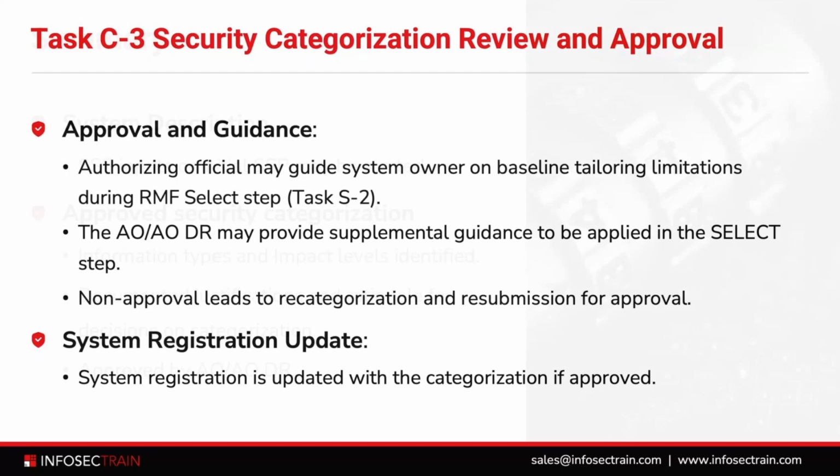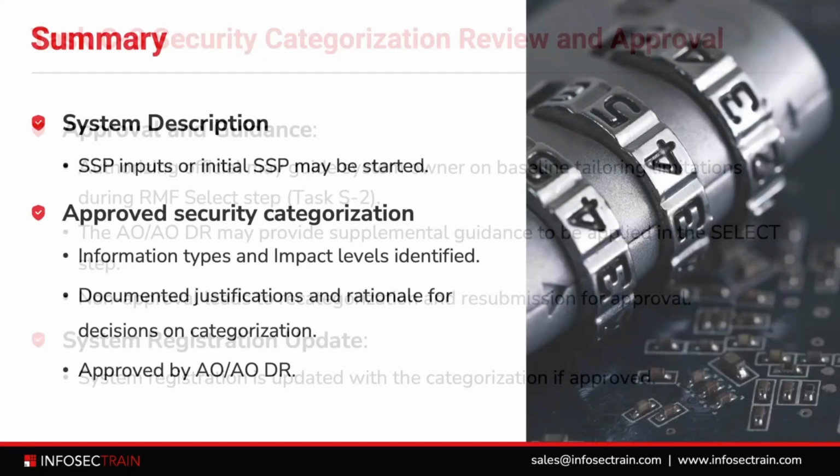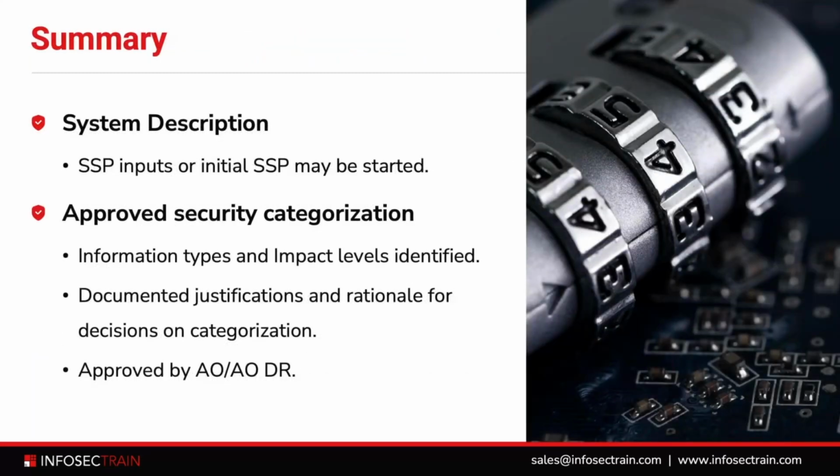So the summary of this session, we'll quickly go through. System security plan (SSP) inputs, or an initial SSP, may be started as part of the system description. In the approved security categorization, information types and impact levels are identified. Documented justification and rationale for the decisions on categorization.